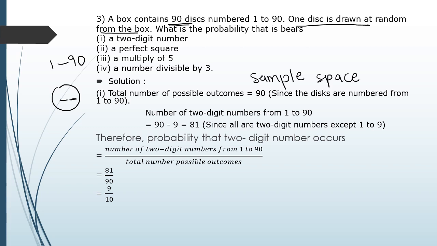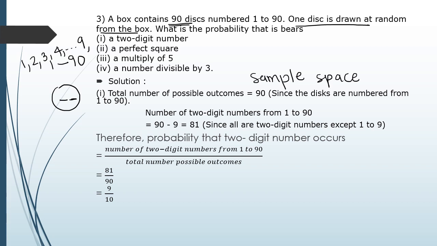Obviously the first 9, which is 1, 2, 3, 4, so on and so forth till 9. After that, we have two-digit number, that is 10, 11, 12, 13. So total there are 9 numbers which are single-digit numbers. Alright, so how will we find out two-digit number?